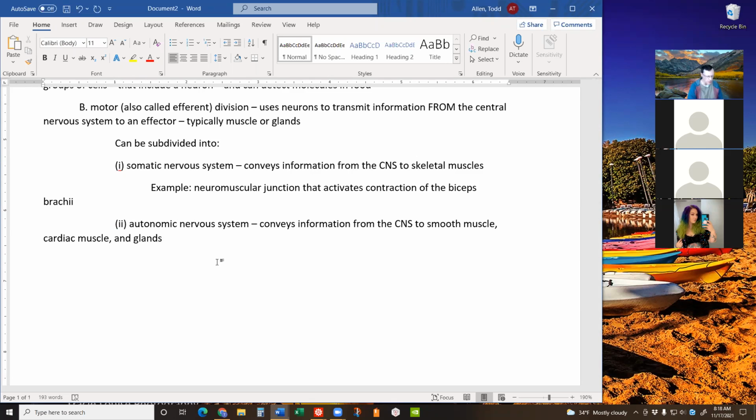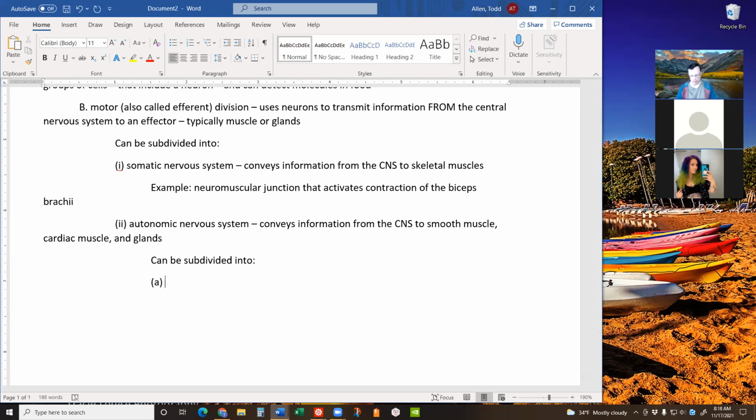We're almost done with this crazy pyramid we have here. All right, the autonomic nervous system can be broken down into three subcategories. The first subcategory we'll talk about is the sympathetic nervous system.